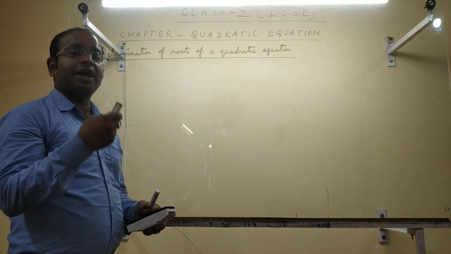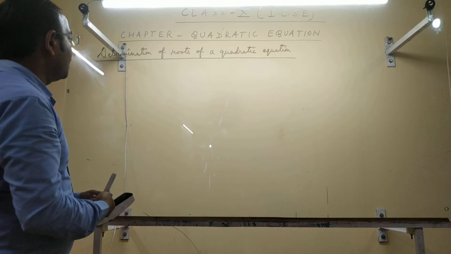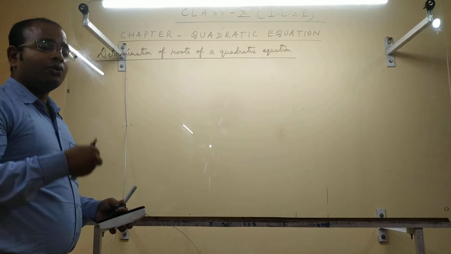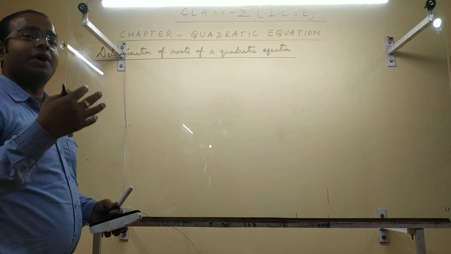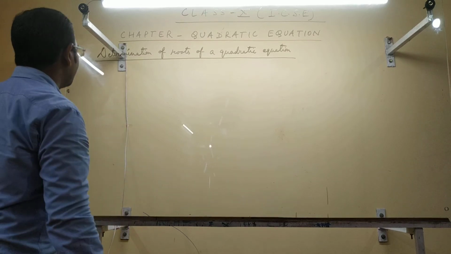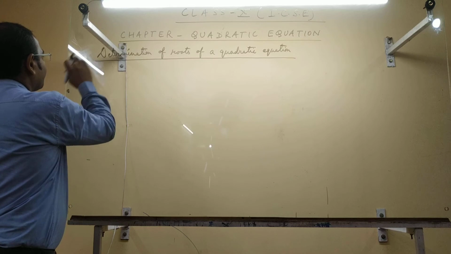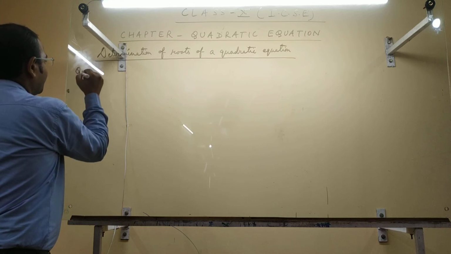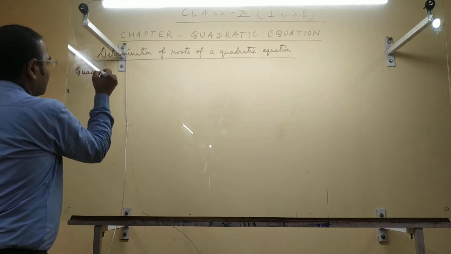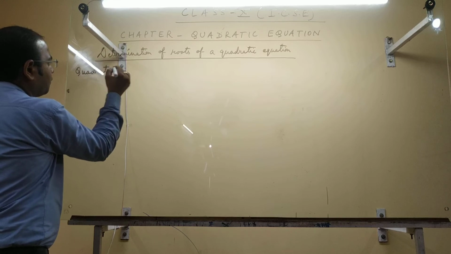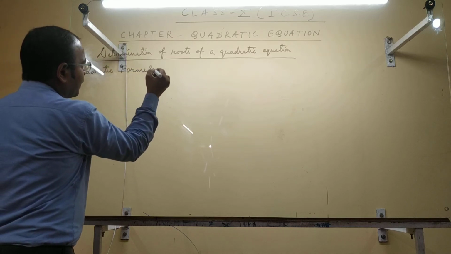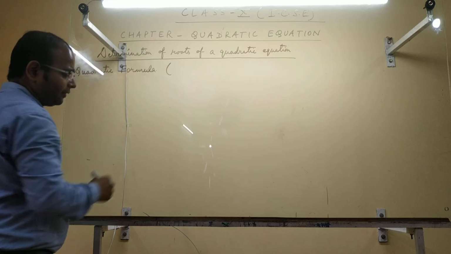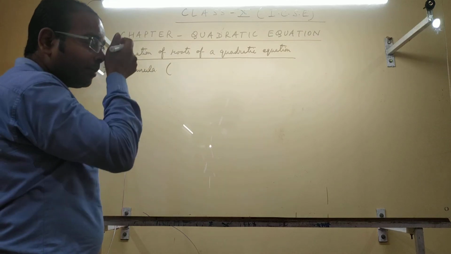First we will derive the quadratic formula, and then we will see how this quadratic formula can be used to find out the roots of a quadratic equation. Quadratic formula. This formula was derived by an Indian mathematician.